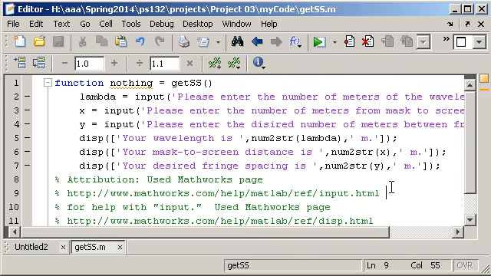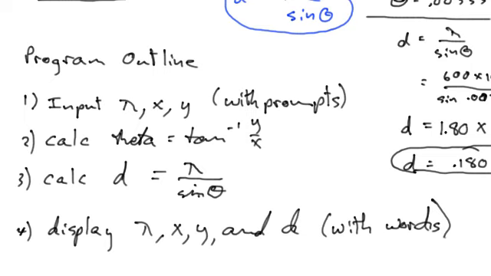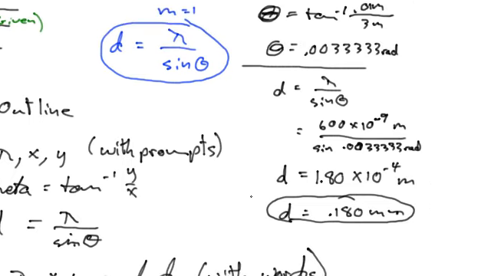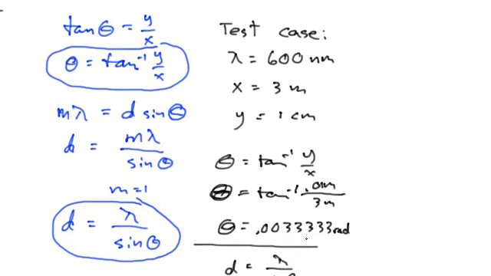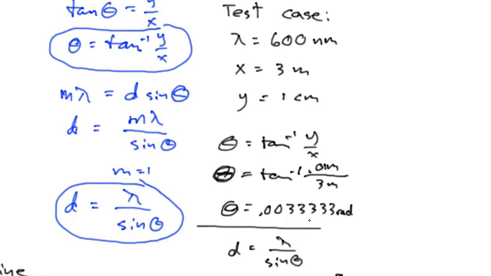So Control S. I want to look at my test case, start using those values. Might as well memorize them. It was 600 and 3 and 0.01: 600 times 10 to the minus 9th meters, 3 meters, 0.01 meters.